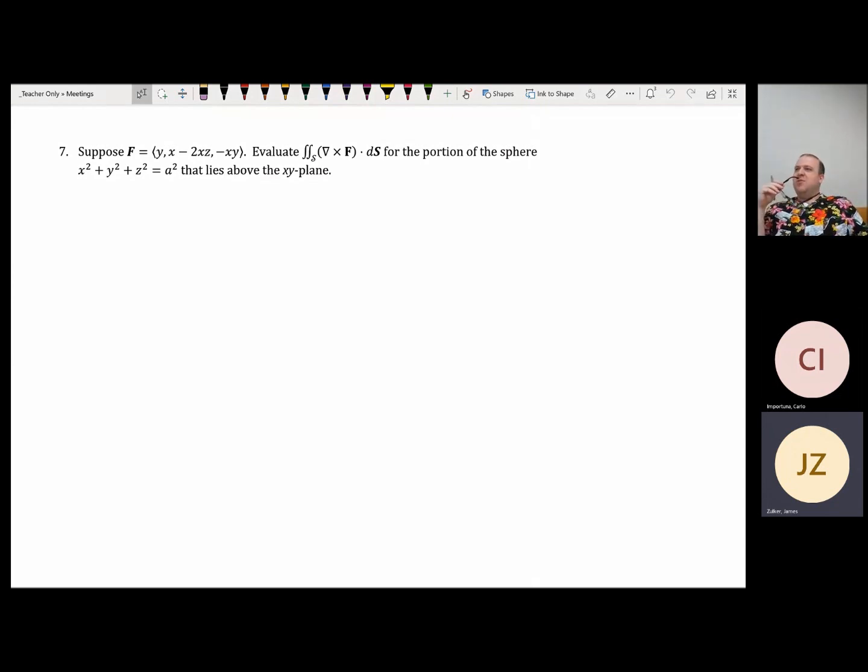Now this is just evil. This problem would be a lot easier with Stokes' theorem. But we don't have it, so I have to do this the hard way.